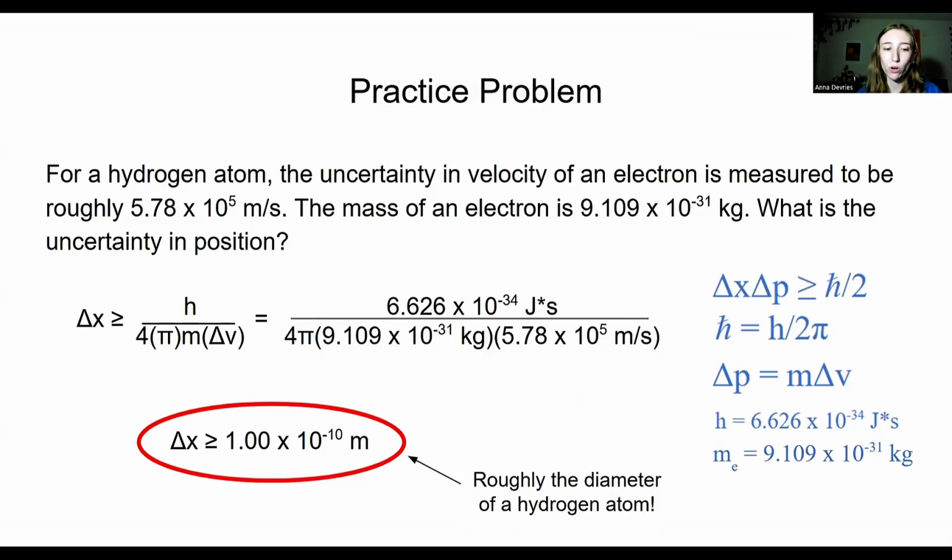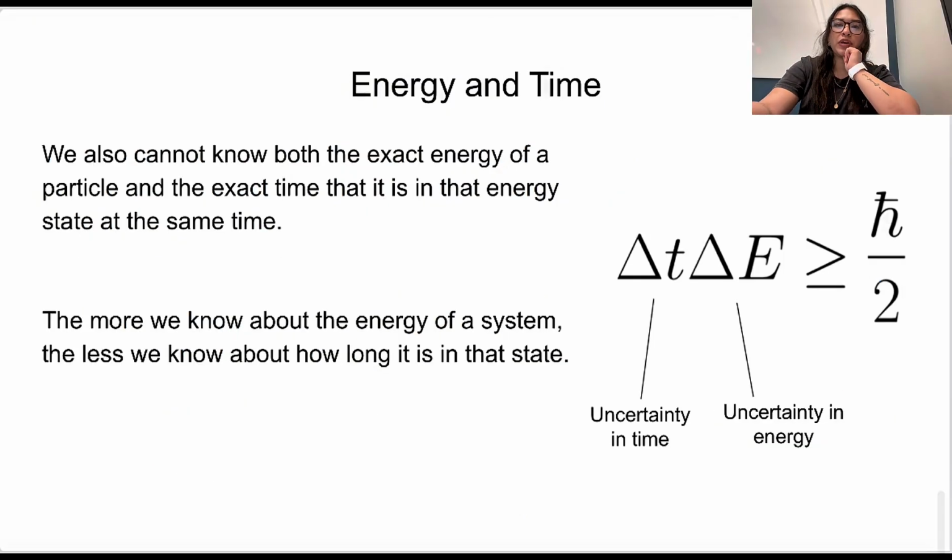So now that we've explored how the uncertainty principle is applied to position and momentum at an atomic level, we can look into some other applications of this concept. When we apply the uncertainty principle to energy and time, we see that the more precisely we know the energy of a particle or of a system, the less precisely we can know how long it stays in that energy state, and vice versa.